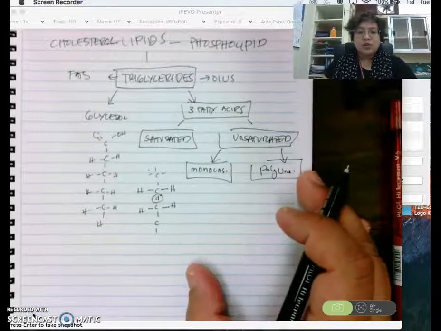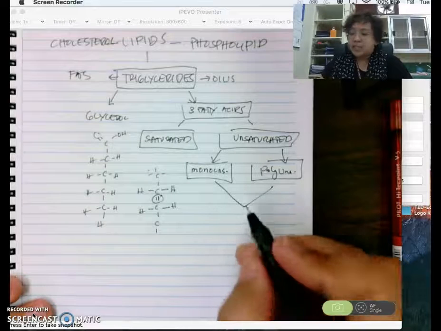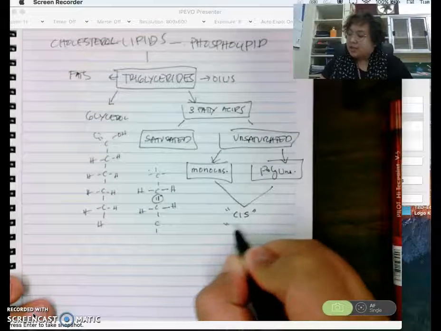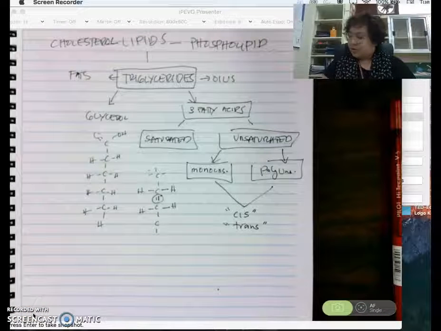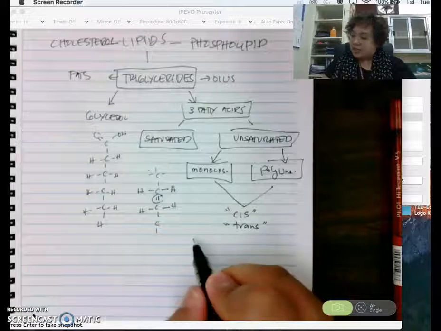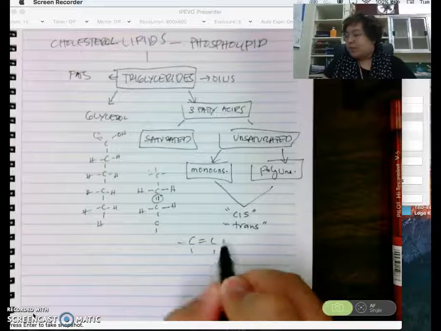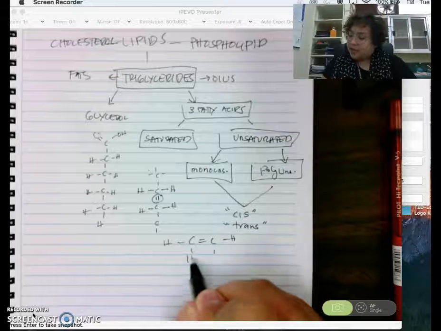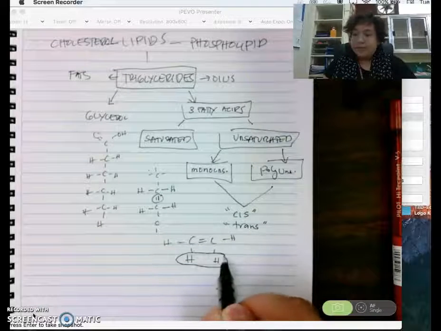Alright, another structure that you need to know under your unsaturated fatty acids, the molecule can take a cis or a trans structure. Cis is when, in that portion of your hydrocarbon chain where you find the double bond, the hydrogens are found on one side, like this one.